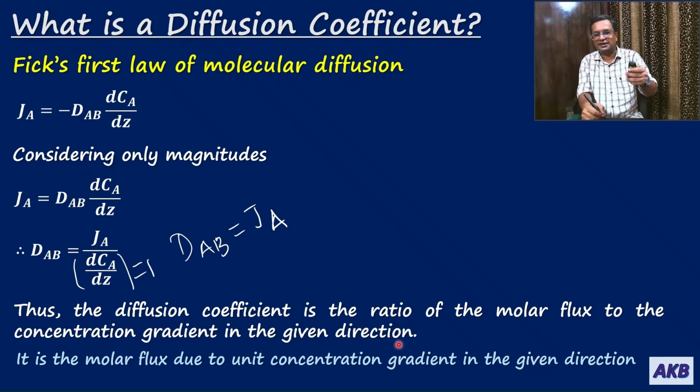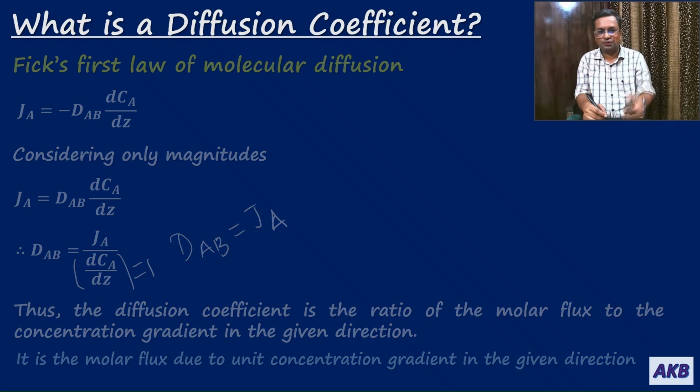So you can understand it in this way as well: the diffusion coefficient is the ratio of the molar flux to the concentration gradient in the given direction, or it is the molar flux that results due to unit concentration gradient in the given direction. So I hope now you know what a diffusion coefficient is. Let us move ahead.